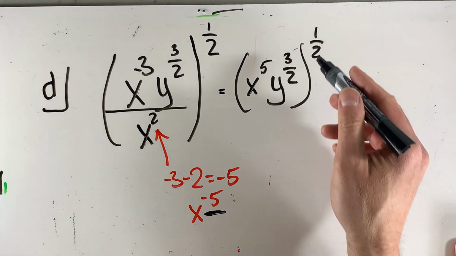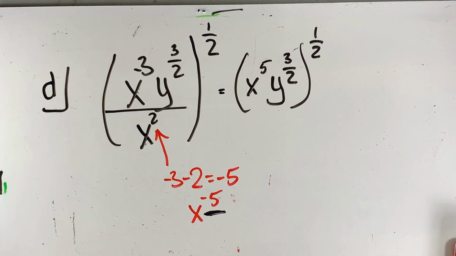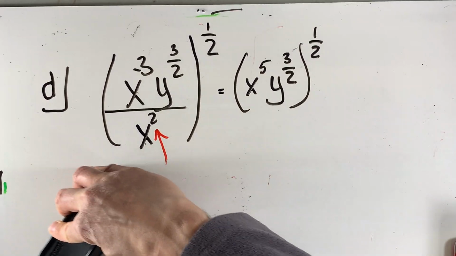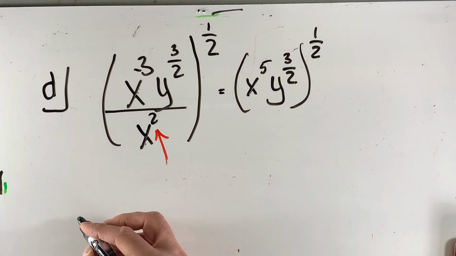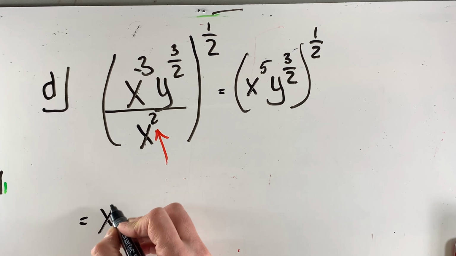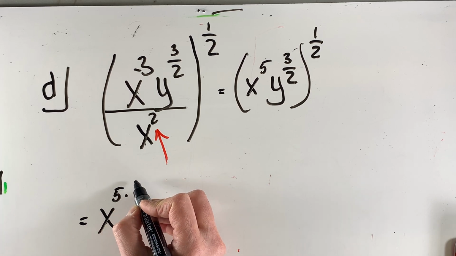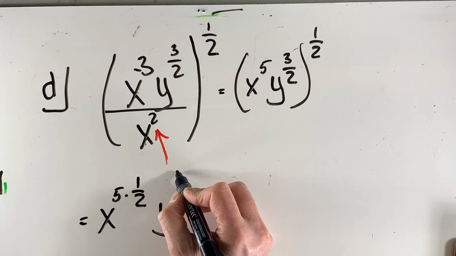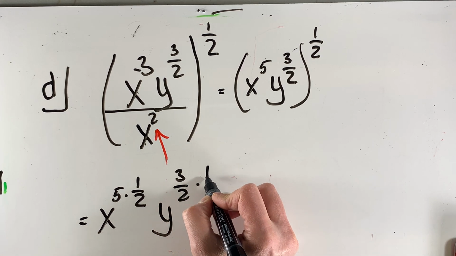Okay, now we're going to apply the outside exponent here. So we're going to have x to the power of 5 times 1/2 times y to the power of 3 over 2 times 1/2.